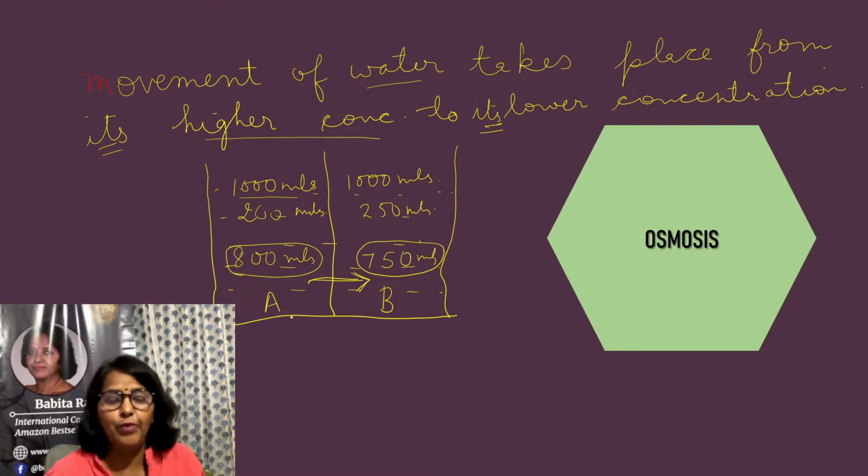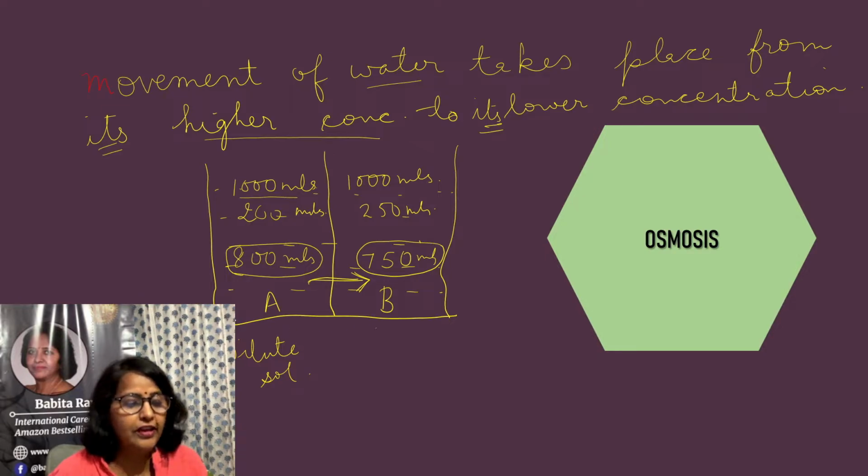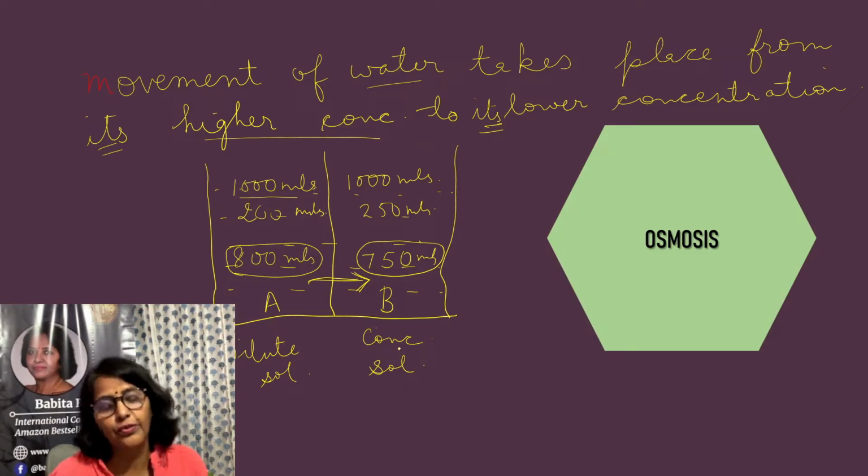Now this type of solution, in simple terms, where we have fewer molecules of solute, that solution is dilute in nature. This is a dilute solution. And what about this solution? With respect to this solution, it is a concentrated solution. So we also say movement of water or solvent takes place from dilute solution towards concentrated solution until the equilibrium is reached.